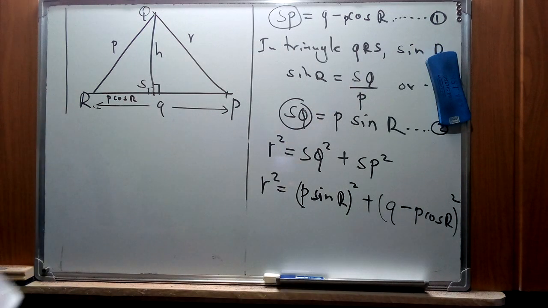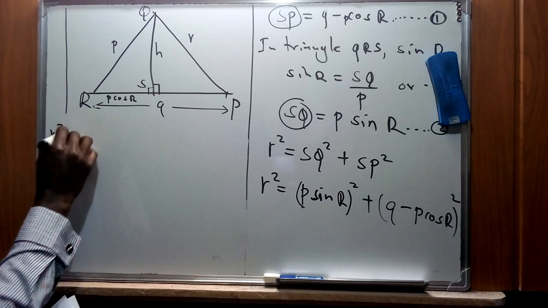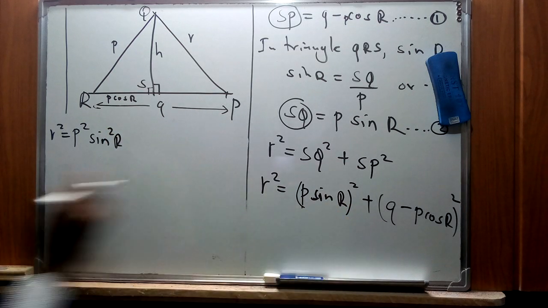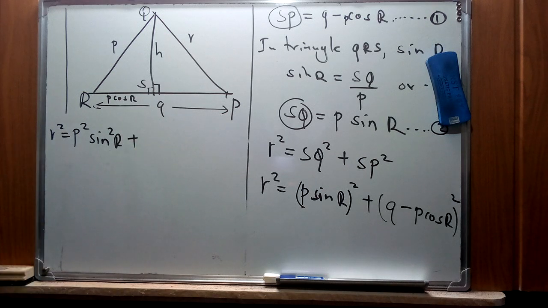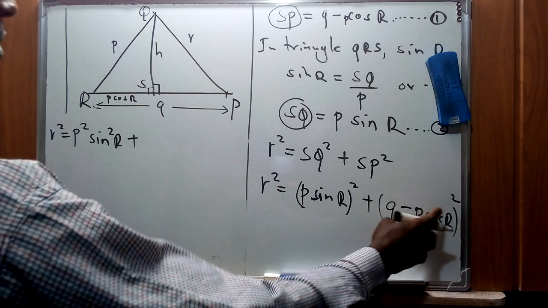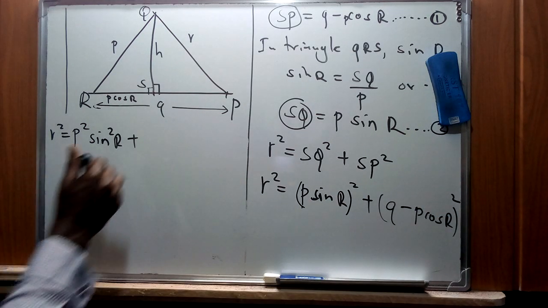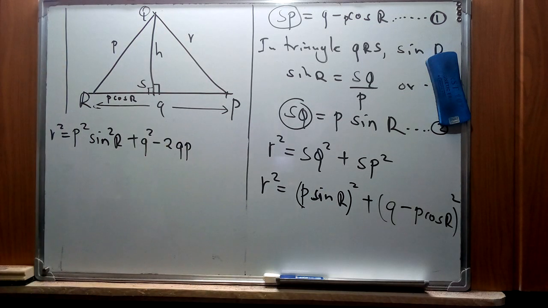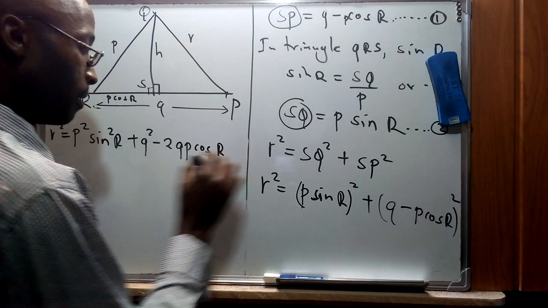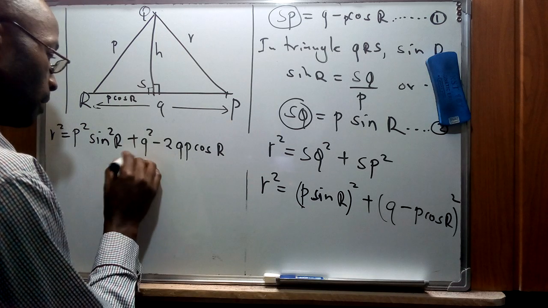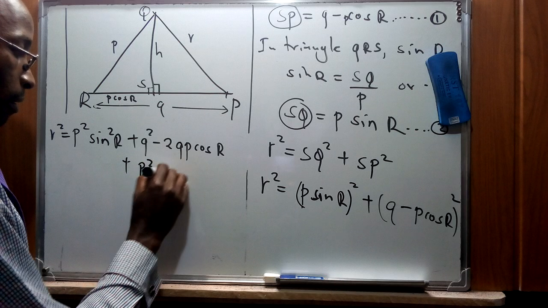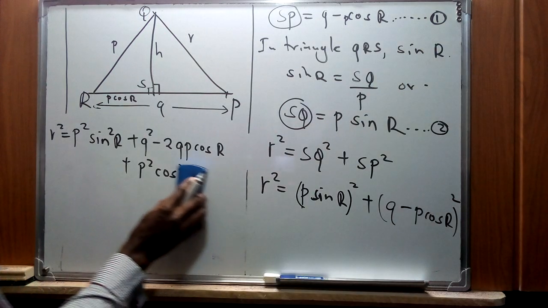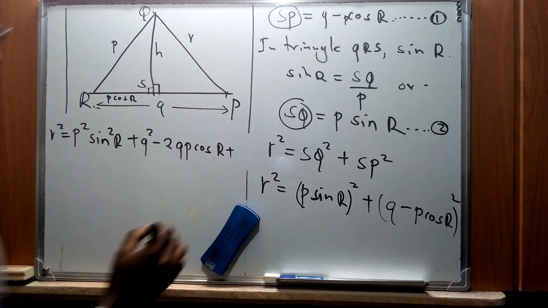So we're going to have this R squared represented as P squared the sine squared of R, the square of this specific term, plus, now from algebra, when we have A minus B squared, it gives us the general formula Q squared minus 2QP the cosine of R, plus P squared the cosine squared of R. It's just a continuation of this, or maybe I can squeeze it here for the sake of clarity.